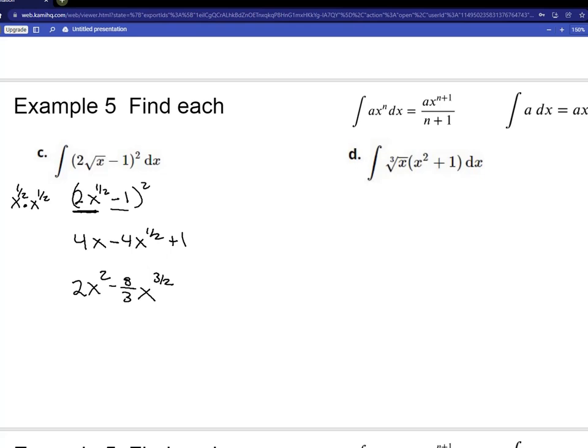Because I'm going to do 2 over 3, 8 over 3, right? And then you put an x on the 1, and then plus C. Okay? All right, what about this one?